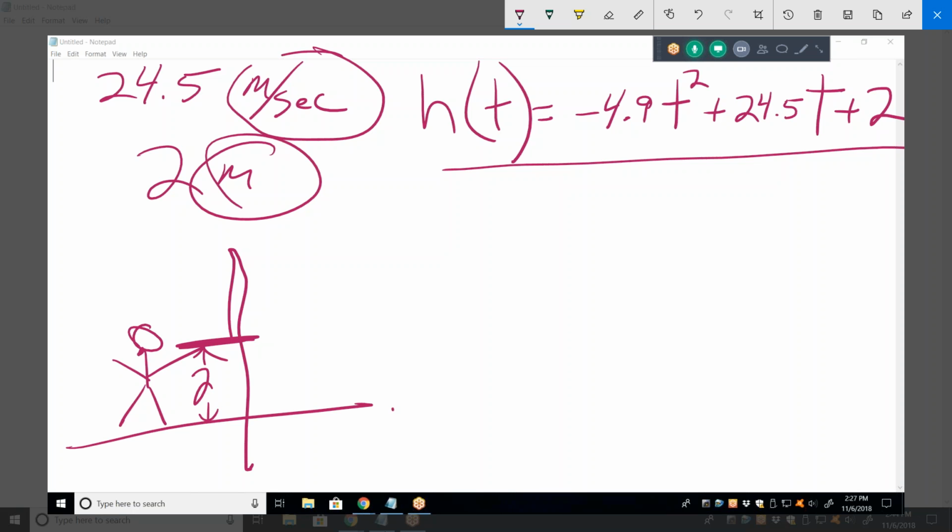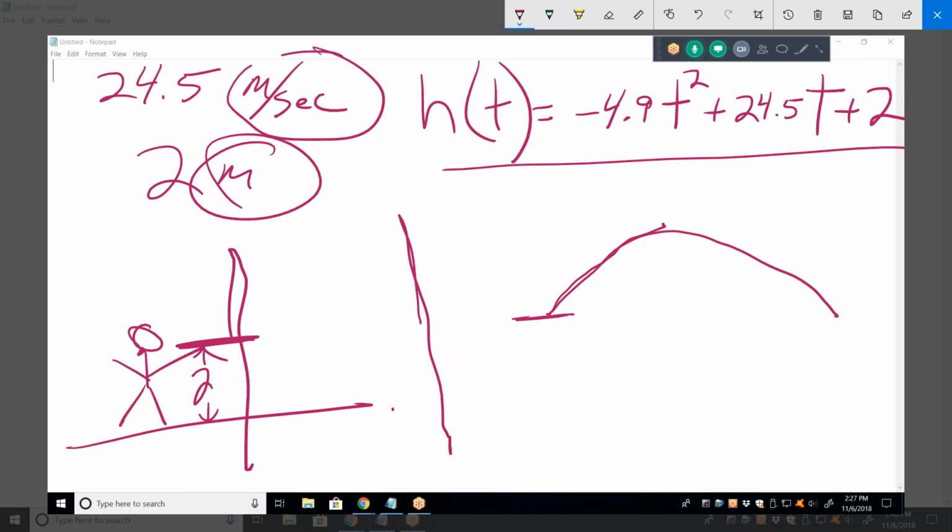And it actually does not matter if you throw it up and down or whether you throw it like you would throw a normal ball. In other words, if I throw it with a parabolic motion, like on the right side, then that's still 2 feet off the ground. You're still throwing it up at 24 meters per second.